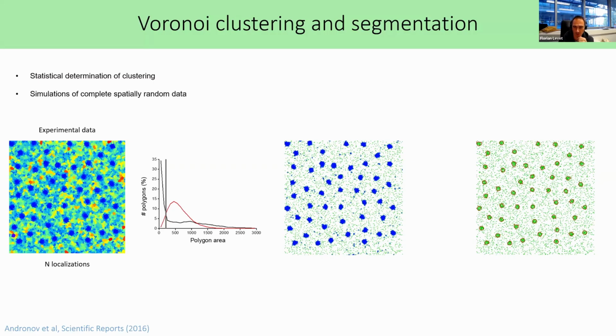You see, the problem with that is that this is very long because they used MATLAB implementation of the Voronoi diagram. So if you need to do it 50 times, 100 times, depending on the number of localization, it can take a lot of time in order to do your analysis.